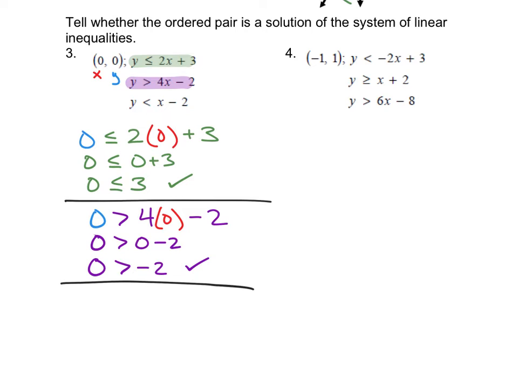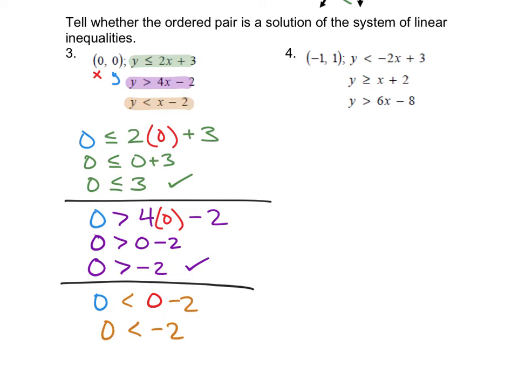We have to check the third one. Now, the third one I'm going to do in orange. Here's my orange equation. It says y less than x minus 2, but again, we are substituting in not y and x this time, but the numbers 0 for y and 0 for x. Well, this mathematical statement says 0 is less than 0 minus 2, which is negative 2.